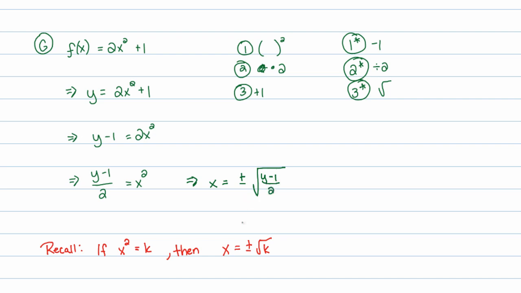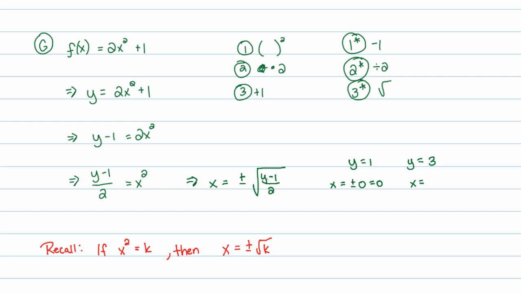Now ask yourself, is that a function? When I choose a value of y, like let's say 1, well, that works out, right? Because then x will equal plus or minus 0, which is just 0. But when y is equal to 3, then x is equal to the square root of (3 minus 1) over 2. 3 minus 1 is 2. 2 over 2 is 1.